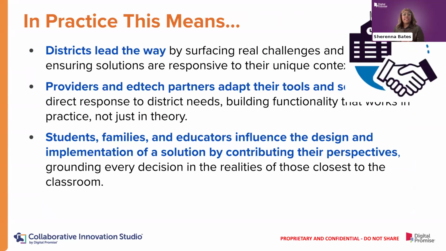Well, it means that districts lead the way. They surface real challenges and priorities. They're not validating a roadmap, but they're really naming what it is that they need. It also means that providers adapt, adjust their tools and services in response to what the district surfaces. So you're building functionality that works in practice, not just in theory.